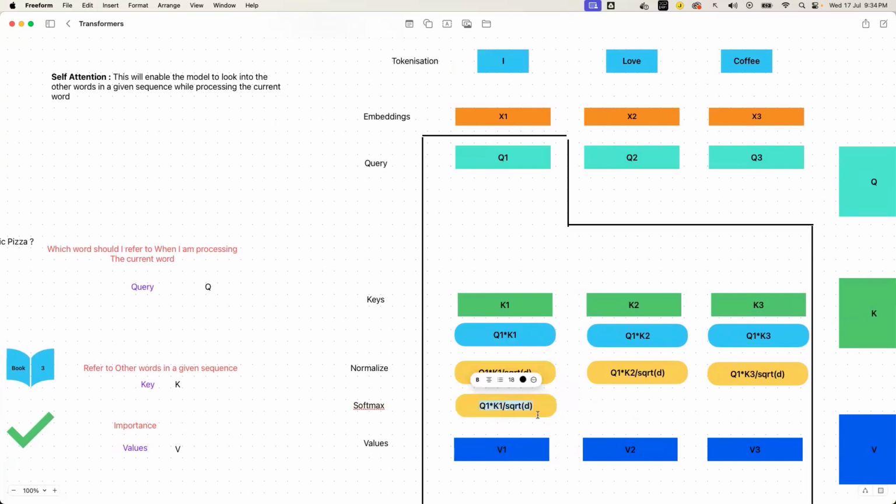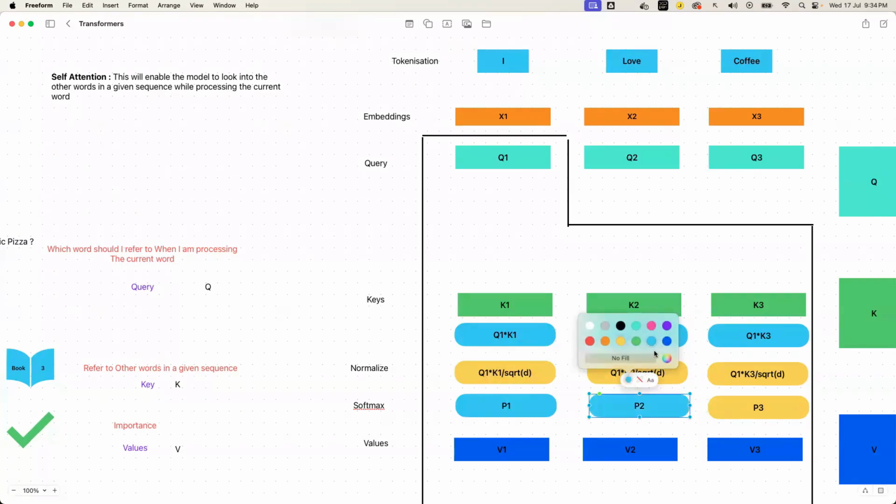Now I'll call these P1, which is a probability score, P2, and P3. So we'll be getting this output, P1, P2, and P3. What is the general idea when we talk about probability?